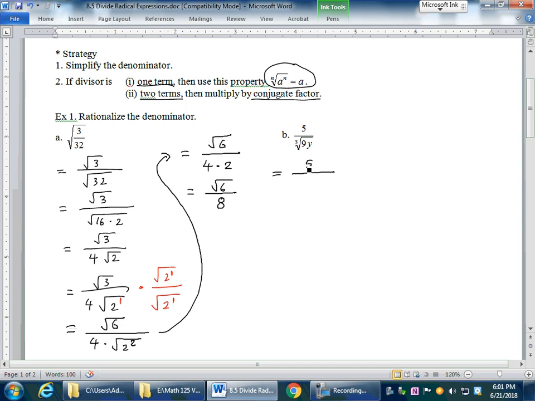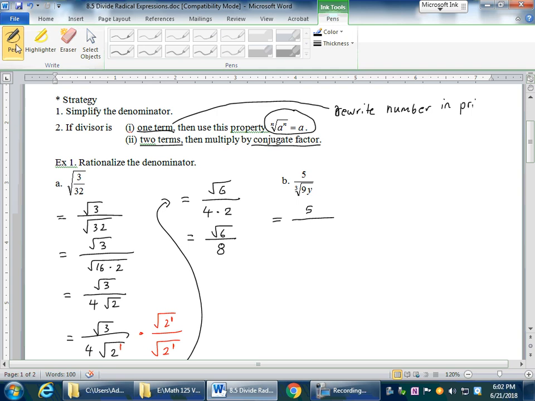Let's put a note right here: for one term, after you simplify it, rewrite the number in prime factor form.